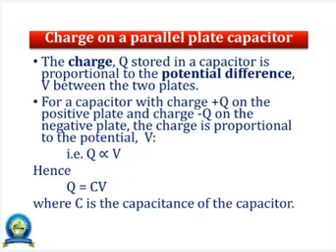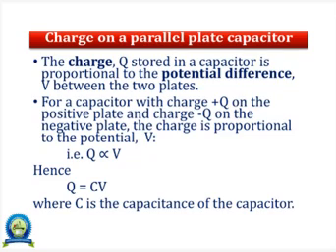So what we have now is that the quantity of charge that will be stored in a capacitor with an applied voltage V is equal to the capacitance of that capacitor, which is given in farad, multiplied by the applied voltage.